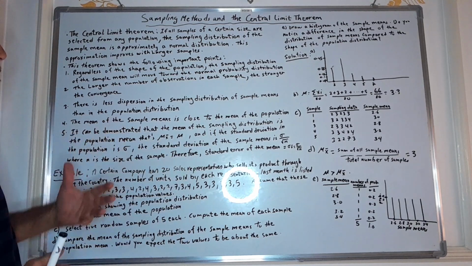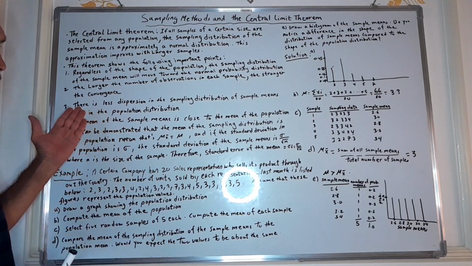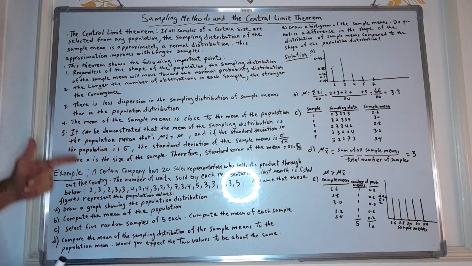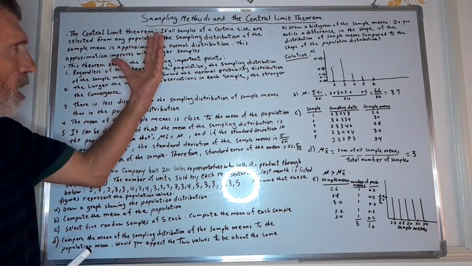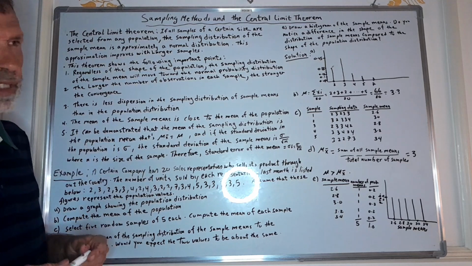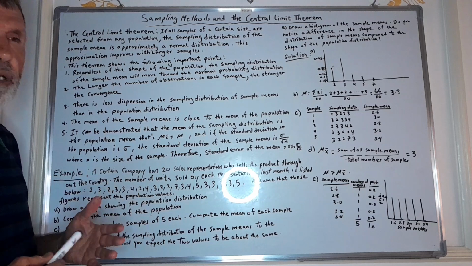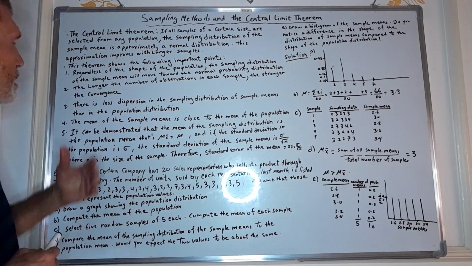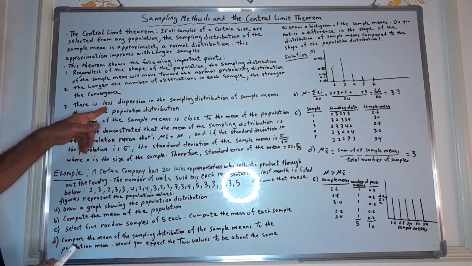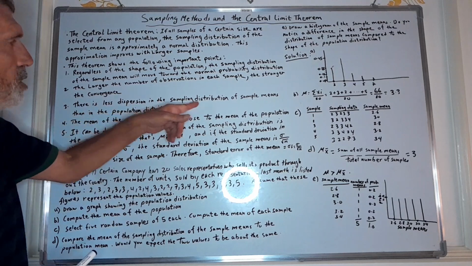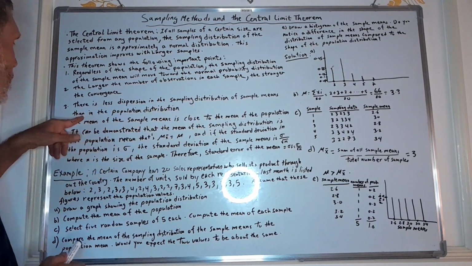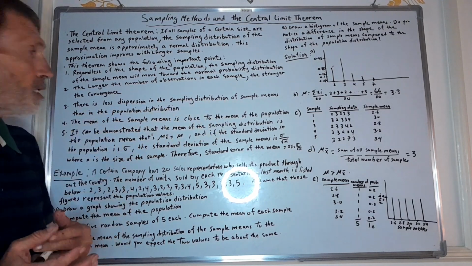Also, we can conclude, even though points 3, 4 and 5 are not part of the central limit theorem here, however, we can say the following: there is less dispersion in the sampling distribution of the sample means than in the population distribution.